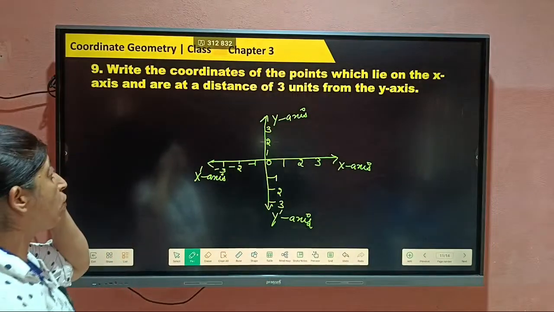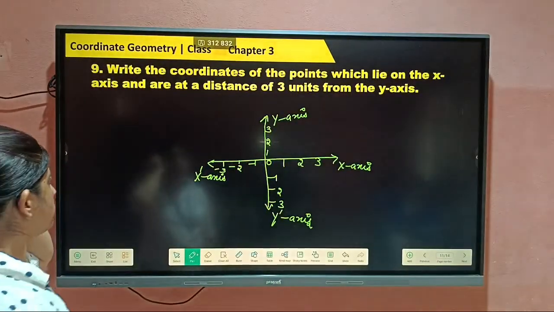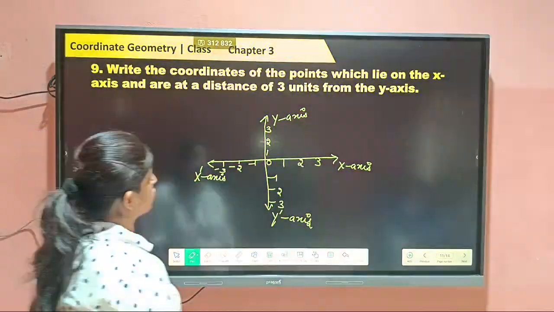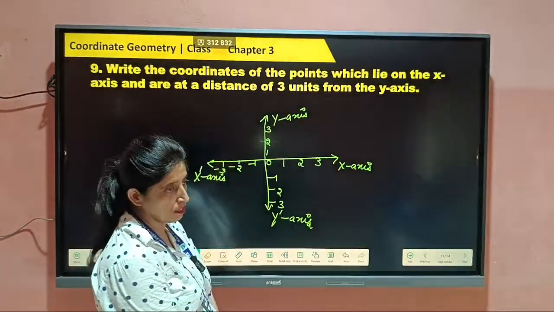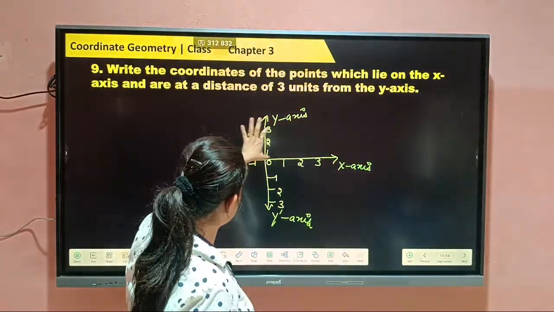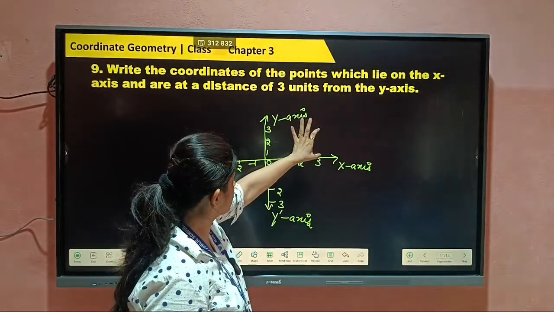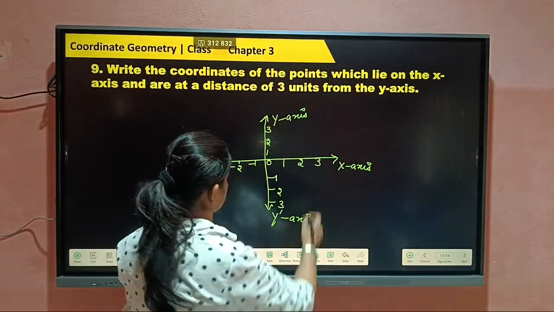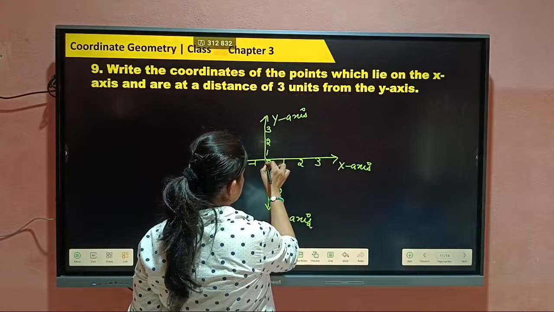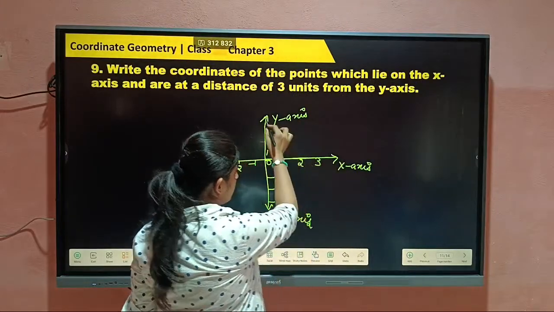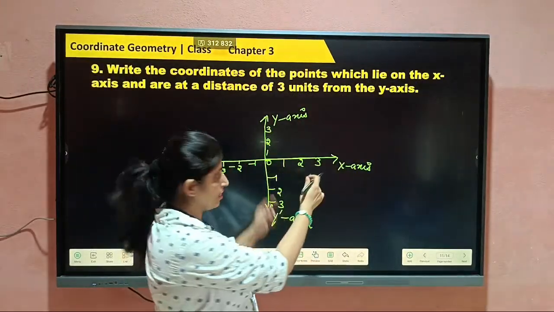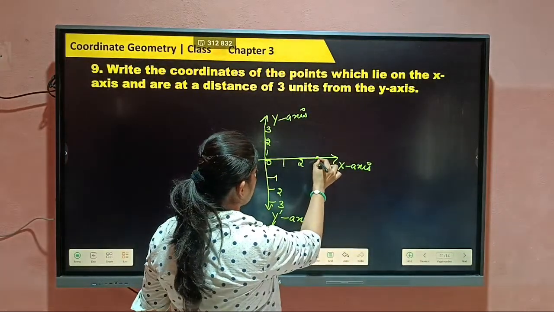Okay. Write the coordinates of the point which lie on the x-axis and are a distance of 3 units from the y-axis. Its distance is 3 units from the y-axis, but it lies on the x-axis. Look, this distance is 3 from the y-axis. This is y-axis. Distance is 3 and it lies on the x-axis.